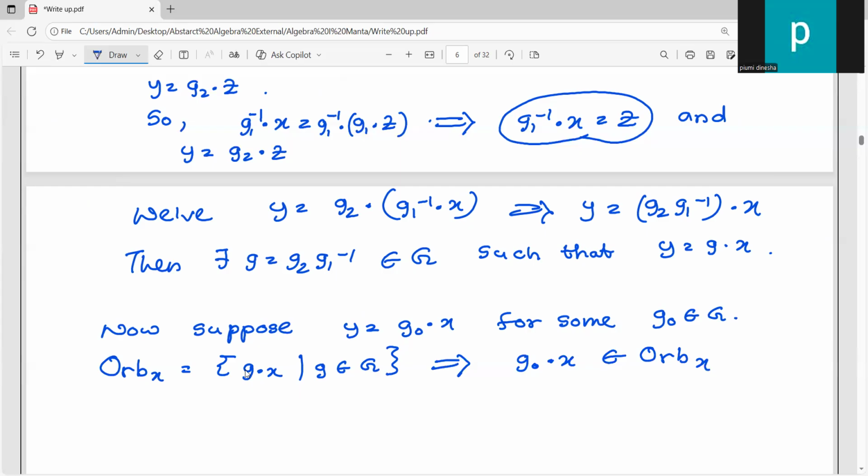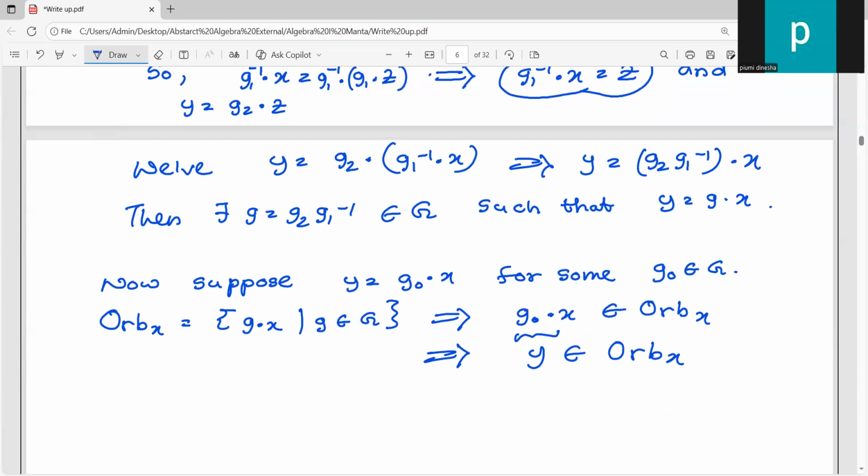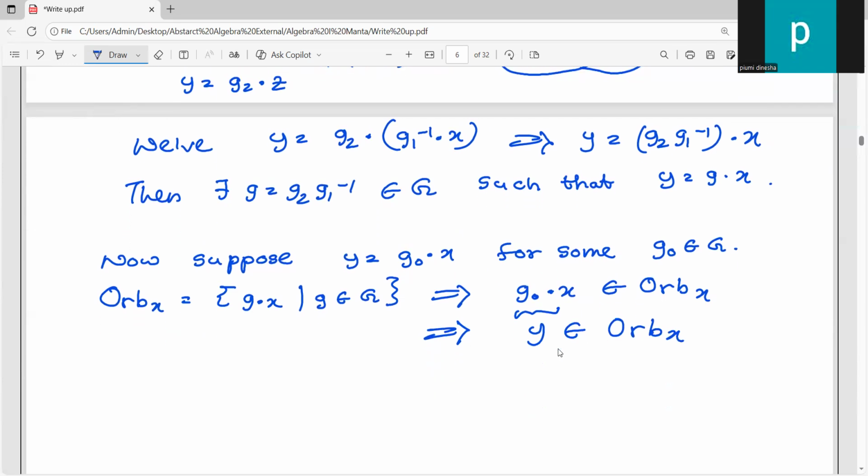G naught is some element in the group. Therefore, g naught dot x must also be in the orbit of x. And what do we have as g naught dot x? This is simply equal to y. Y then must be in the orbit of x, right? And not only that, now y is in the orbit of x. X is also in its own orbit.